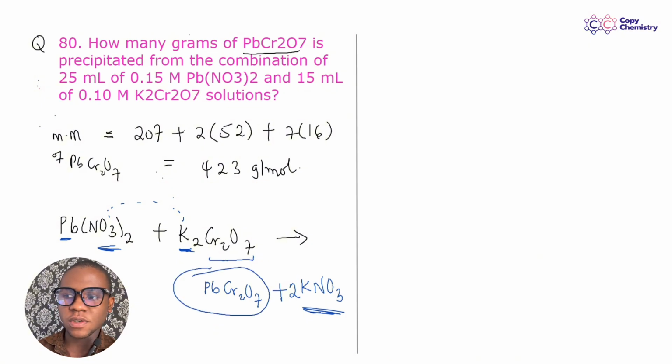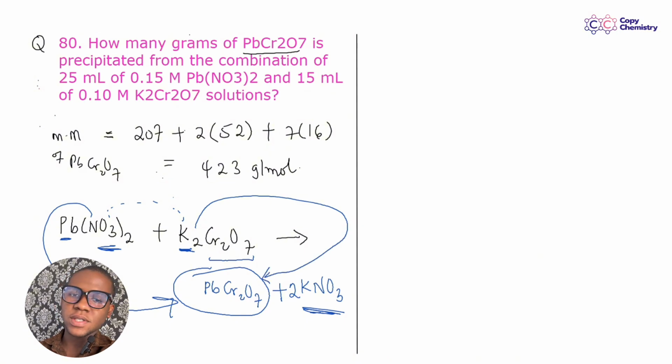That's what we want to generate, right? So do we compare the lead nitrate with this? Or do we compare the potassium dichromate with this? The answer is we compare the limiting reagent with our lead dichromate. So that means that the next thing to do is actually to figure out what is the limiting reagent here.